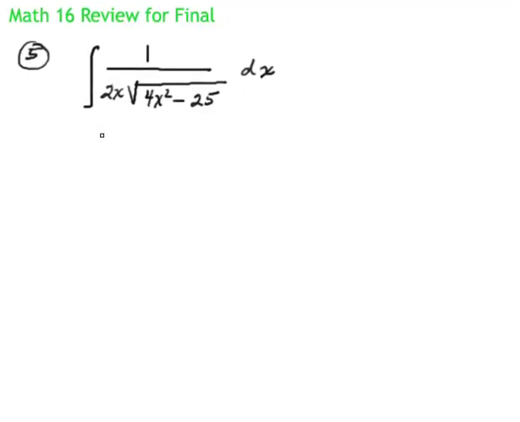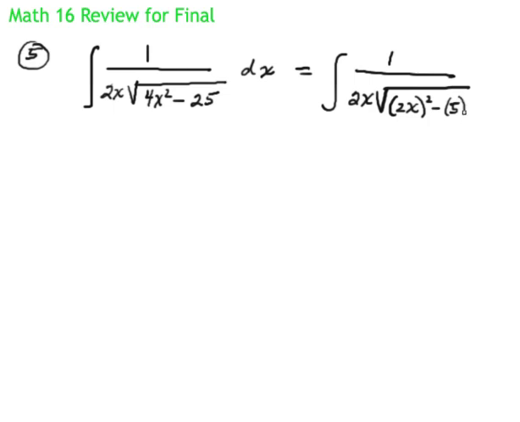Number 5 is a typical arcsecant. All right, so let's write this as, let's say we have a 2x here, and here we have 2x squared minus 5 squared.